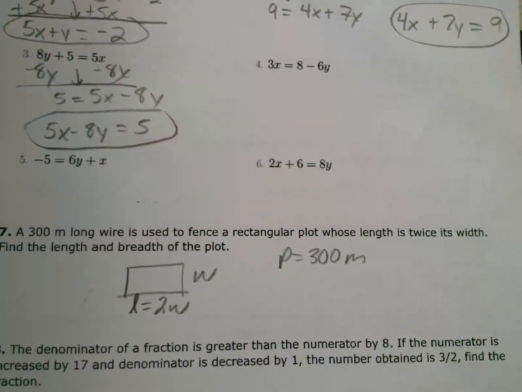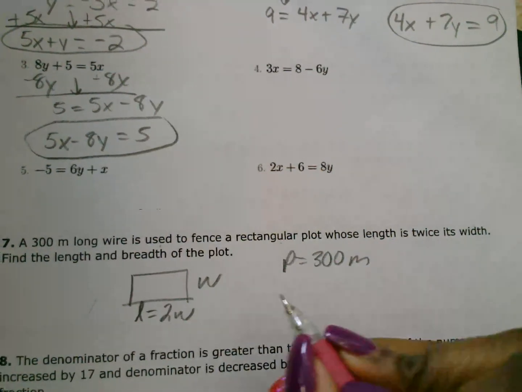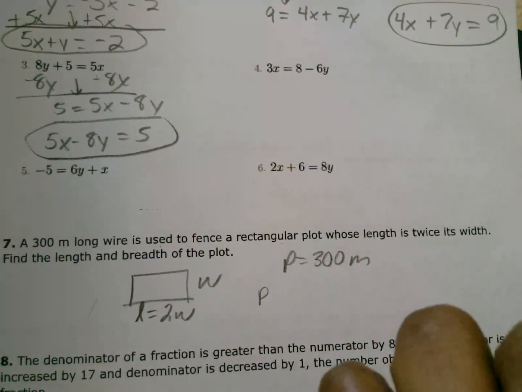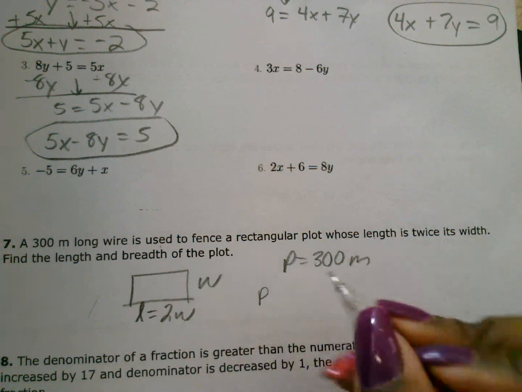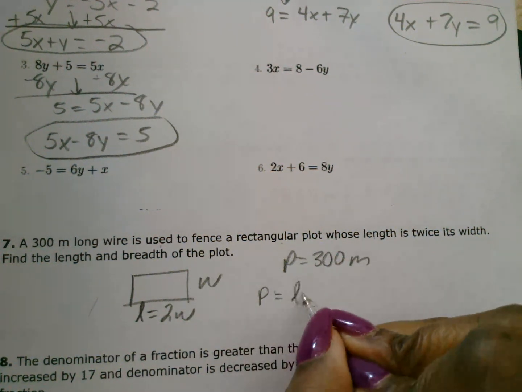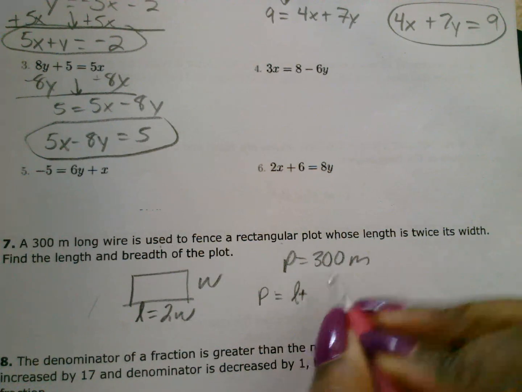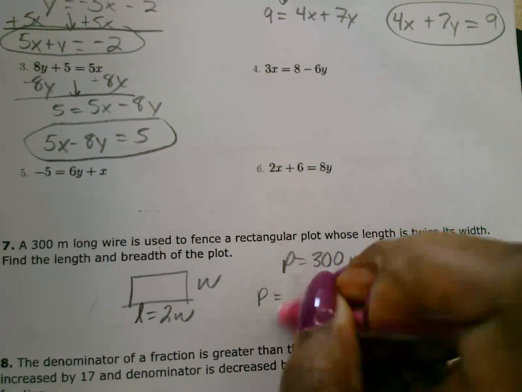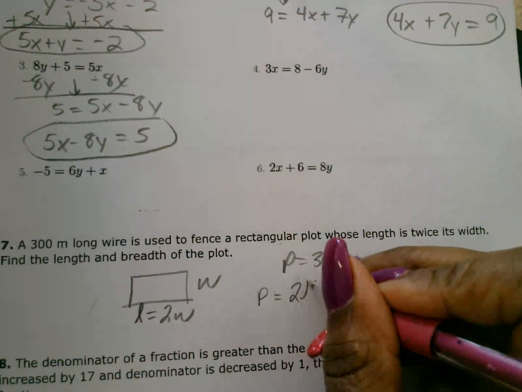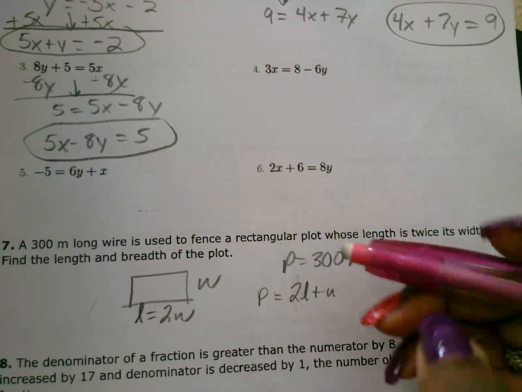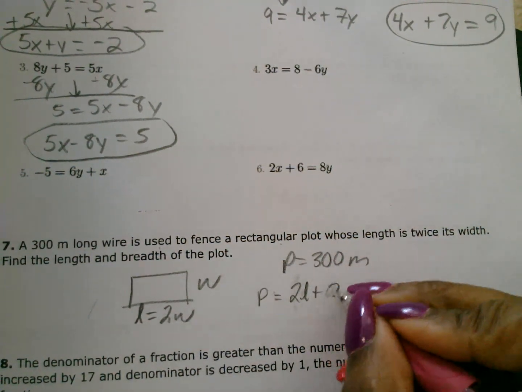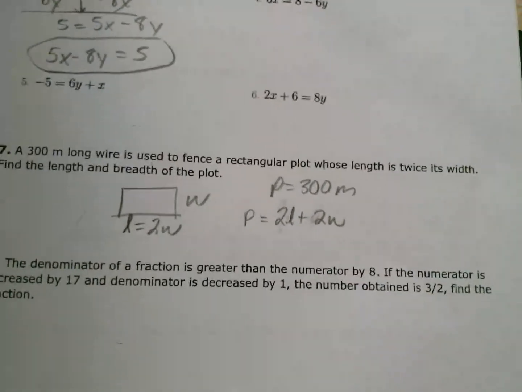Okay, so let's substitute. Perimeter is where you have the length and the width: 2L plus 2W, because it's 2 lengths and 2 widths. This is the formula for perimeter.